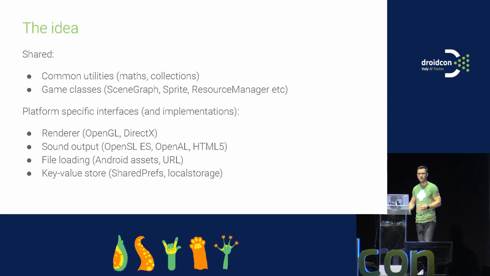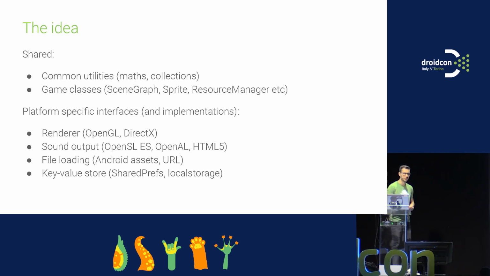But then, once you actually want to run the game on a specific platform like Android, iOS, Windows Phone, or the web, you need access to some platform-specific interfaces to show something on the screen, to render it, and to play some sounds using technologies like OpenSL ES on Android or maybe OpenAL on iOS. You need different ways to load files.